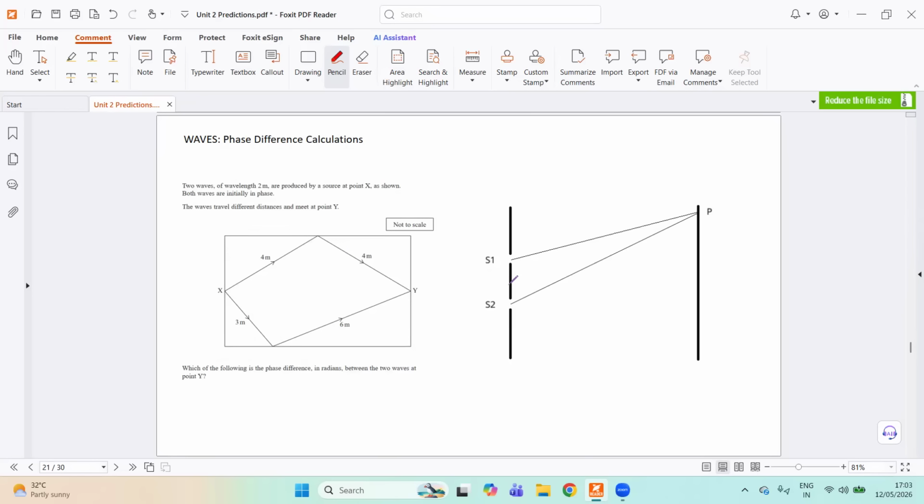Okay, so let me show you just one. Let's say they can ask you at this point P, and similarly at this point Y, what will be the path difference or phase difference? Okay, so always remember, for questions like this, path difference is the difference in path lengths.